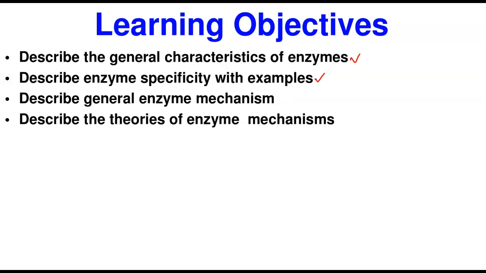I'll try to use those words interchangeably. And finally, we'll describe the theories of enzyme mechanisms or enzyme catalysis. Either one you want to use is okay. It doesn't matter.